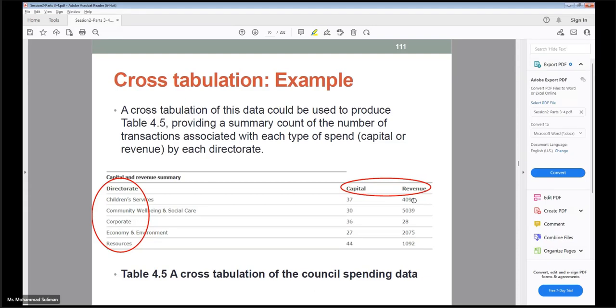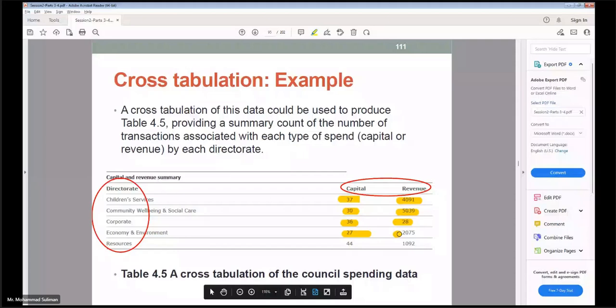So what we do here is count for each directorate. For children's service, capital is 37 and revenue is 4091. For community welfare, capital is 30 and revenue is 5039. Similarly, for corporate, it is 3628. For economy and environment, and for resources, it is 44 and 1092.